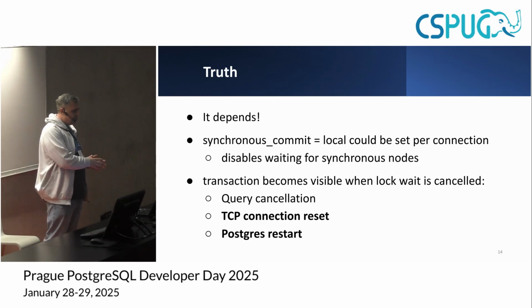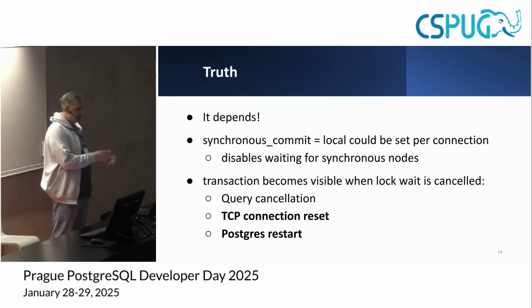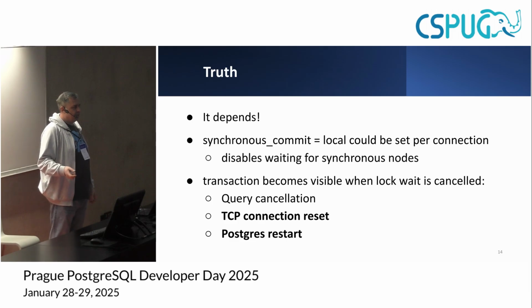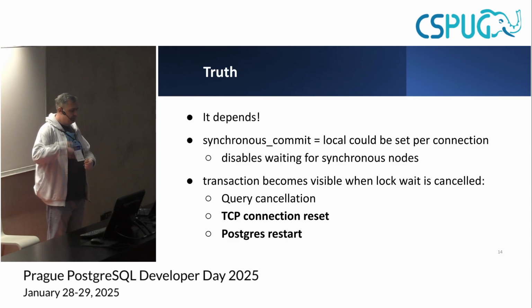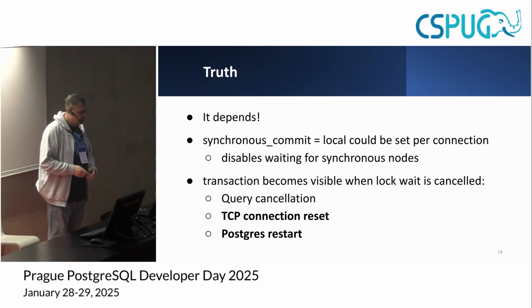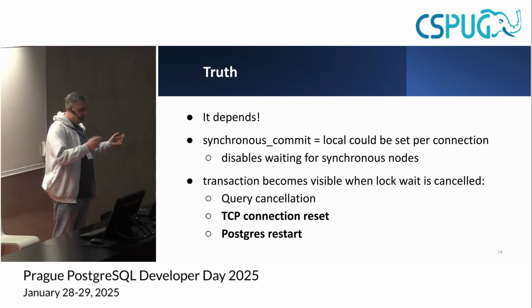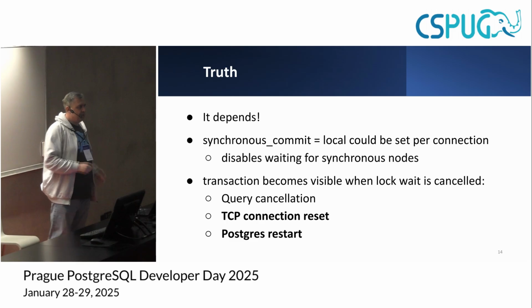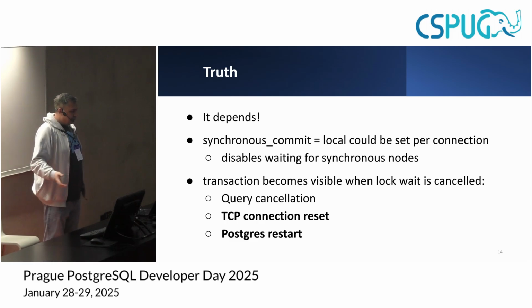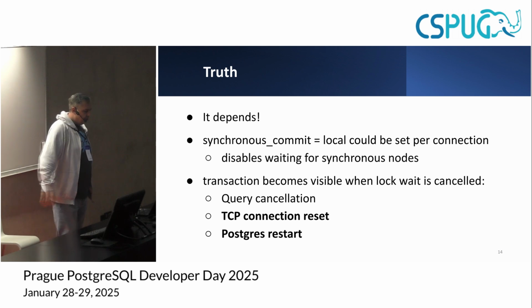Therefore, I'm going to disable it. But at the same time, you don't know, maybe there are other applications that are relying on this data, and since it will be immediately visible on the primary node, another application may make some decisions based on that, and at the end it may end up in data loss.